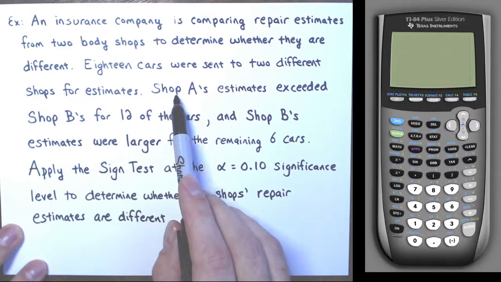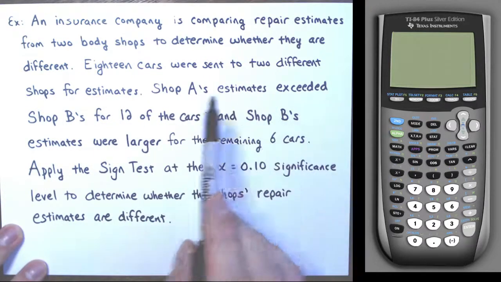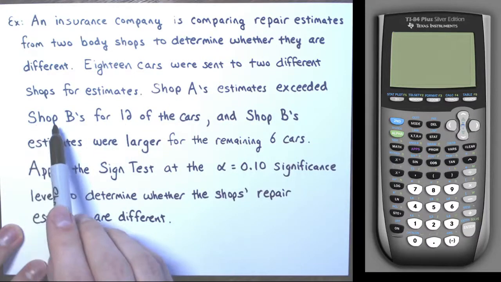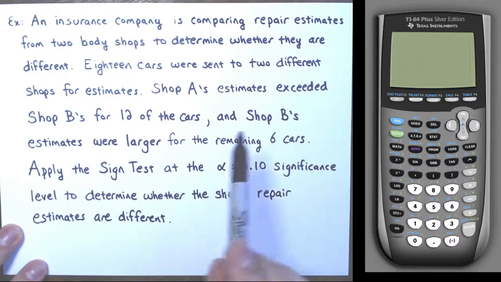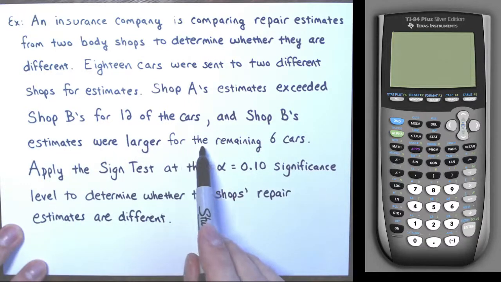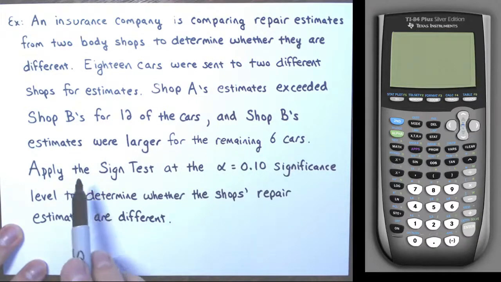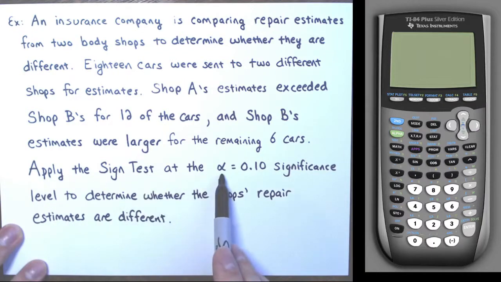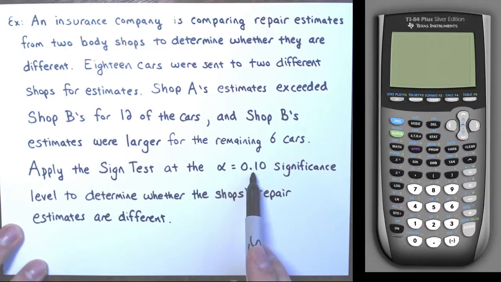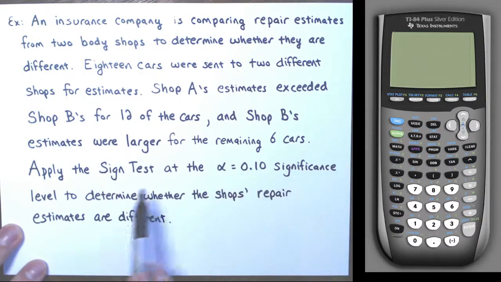Shop A's estimates exceeded, were greater than, Shop B's for 12 of the cars, and Shop B's estimates were larger for the remaining 6 cars. We're going to apply the Sign test at this time with alpha equals 0.1, a 10% significance level, to determine whether the shops' repair estimates are different.